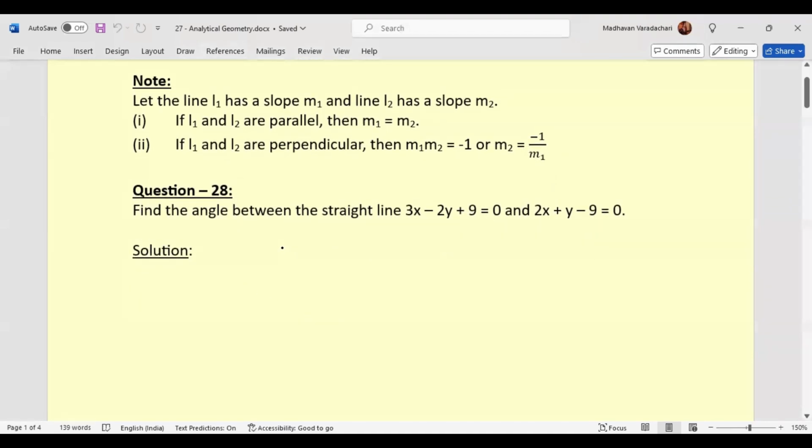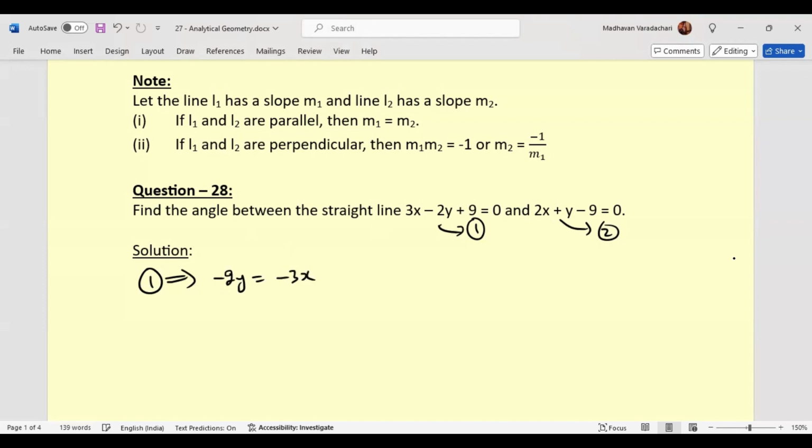Find the angle between the straight line 3x minus 2y plus 9 equal to 0 and 2x plus y minus 9 equal to 0. Consider this as equation 1, this as equation 2. Now we can rewrite the equation 1 as -2y is equal to minus 3x minus 9.